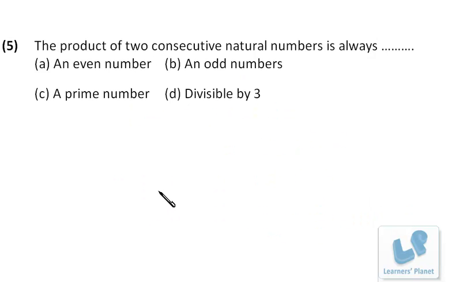Now let's see this question. The product of two consecutive natural numbers is always an even number, odd number, prime number, or divisible by 3. Friends, whenever you have this sort of problem, you just take two consecutive numbers, but never take the initial numbers, that is 1, 2, 3, 4, something like that. Take some numbers after 5, 6, something like that, right? So let's take 5 and 6. Okay, so these are the two consecutive numbers. If I multiply them, I get 5 into 6 is 30, right?